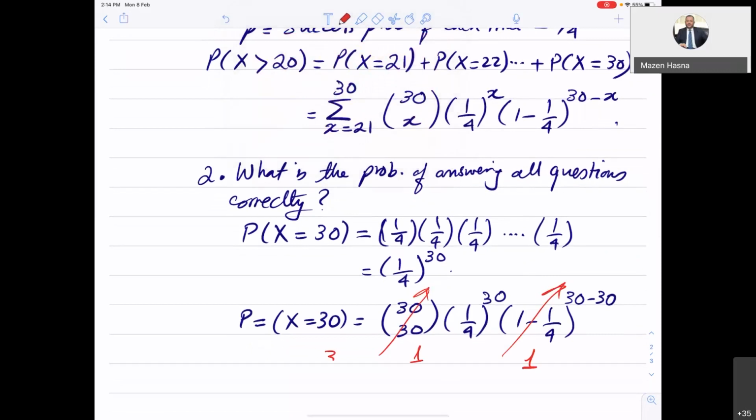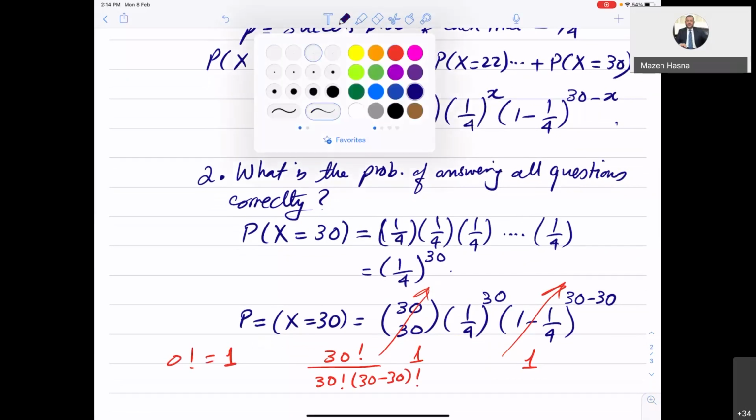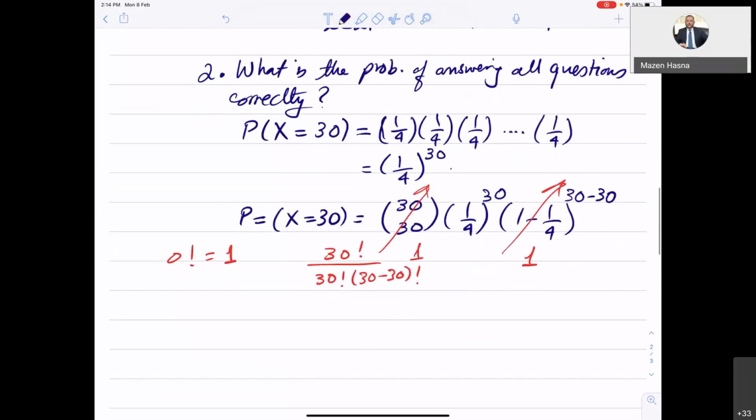Because this is simply 30 factorial over 30 factorial times 30 minus 30 factorial, and we know that 0 factorial is 1, we know this. So the probability that you will answer all questions correctly is very, very, very small.